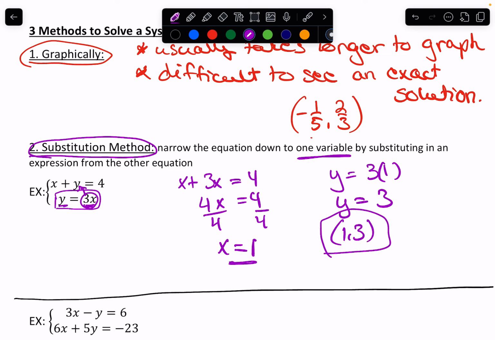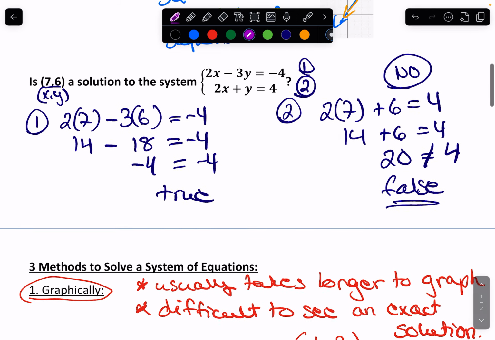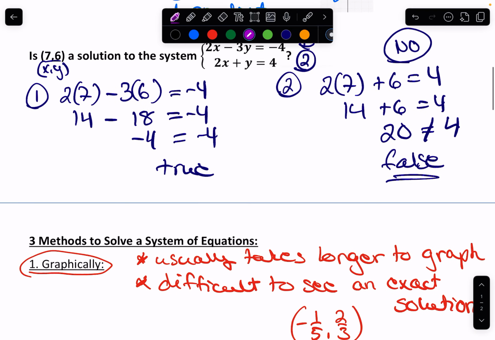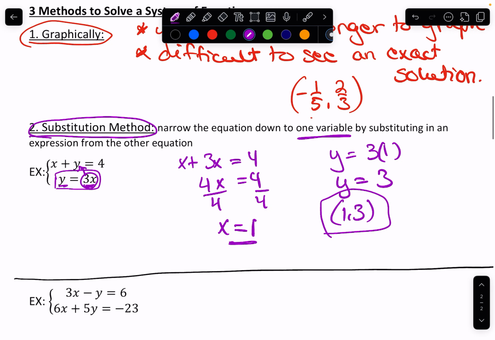So we have one solution for this. Remember on the first page, when we looked at one solution, the point is (1, 3) for that. It is consistent and it's independent.